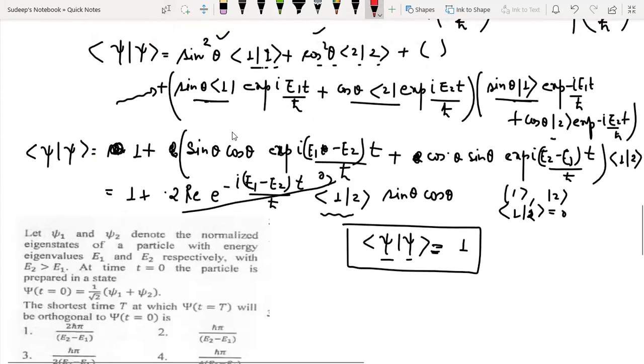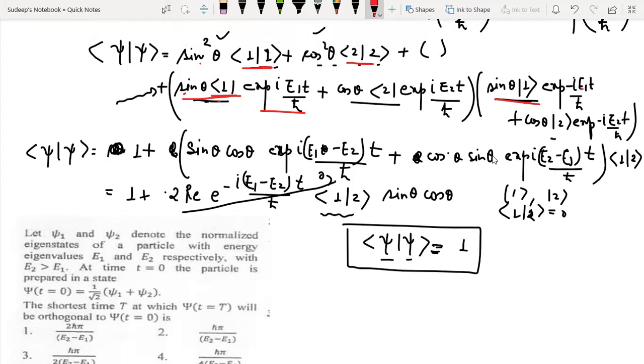I was just finding this mixed term, because this term, sine theta bra 1 exponential iota E1 t upon h bar ket, and sine theta ket 1 exponential minus iota E1 t upon h bar ket, cancels out; this particular thing becomes 1, and this becomes 1. So sine square theta plus cos square theta is fine.